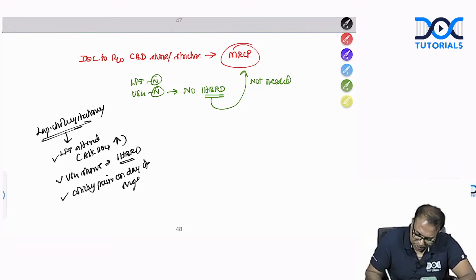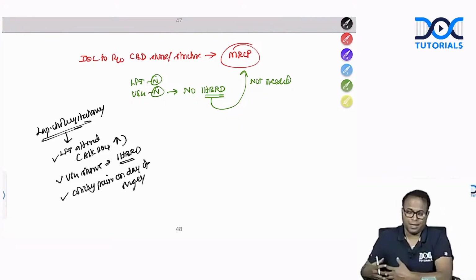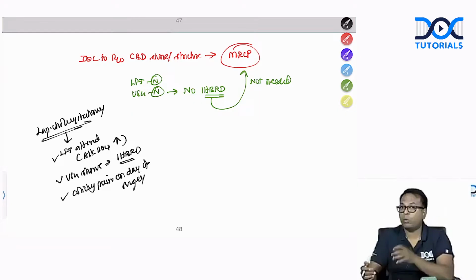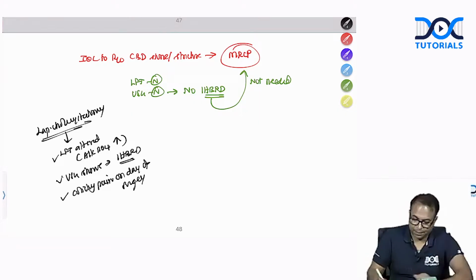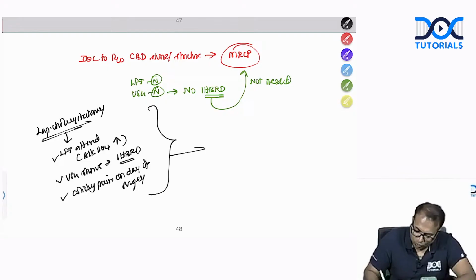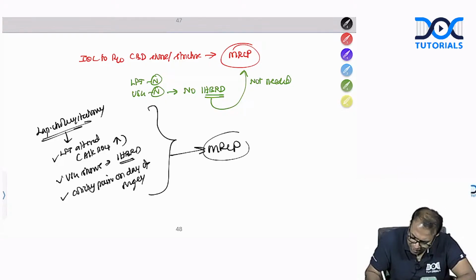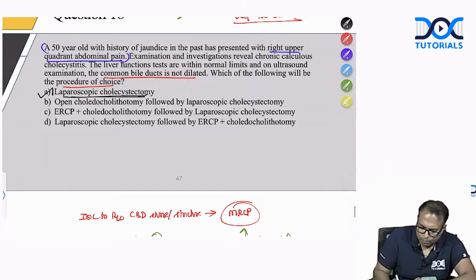You are planning for a surgery, suddenly the patient is having colicky pain, and that means some stone has come down and may be causing obstruction in the CBD. So these are the places where we have to go for MRCP. Otherwise, I will directly go for laparoscopic cholecystectomy.